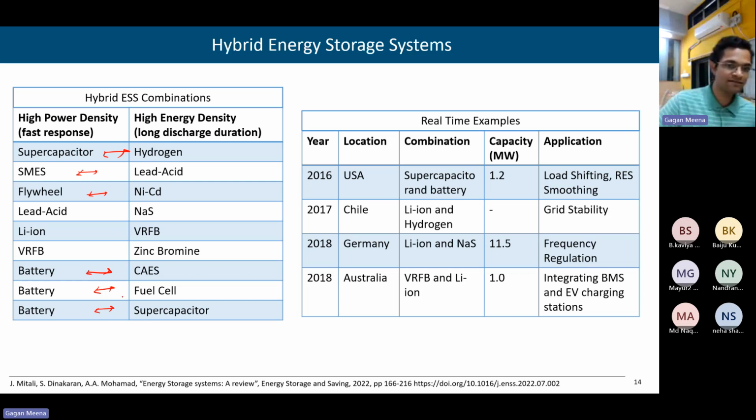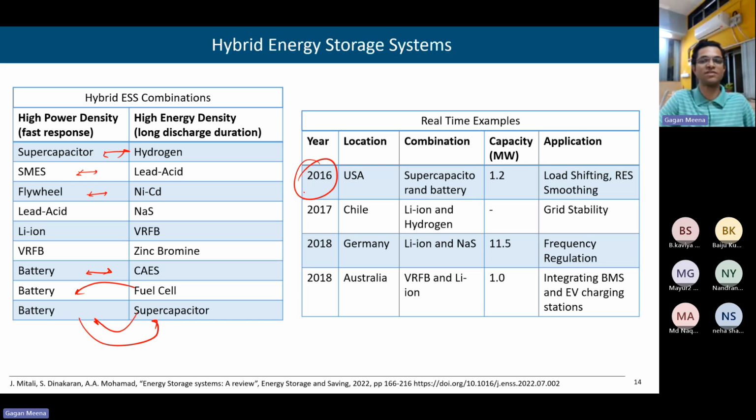I think this should come here, and supercapacitor should come here. Supercapacitor is a high power density device, so I should change this. It should come here and it should go here.